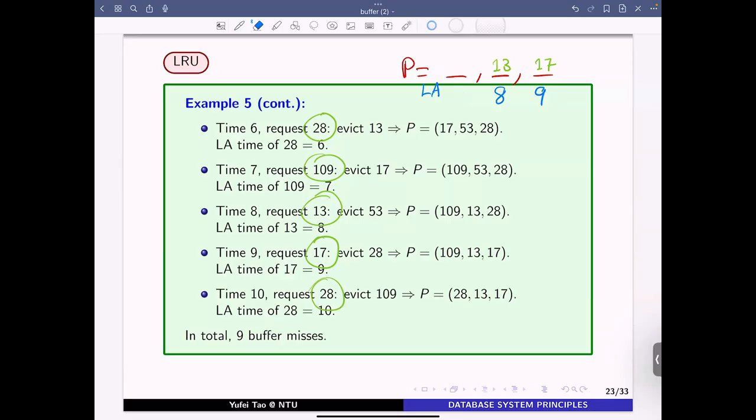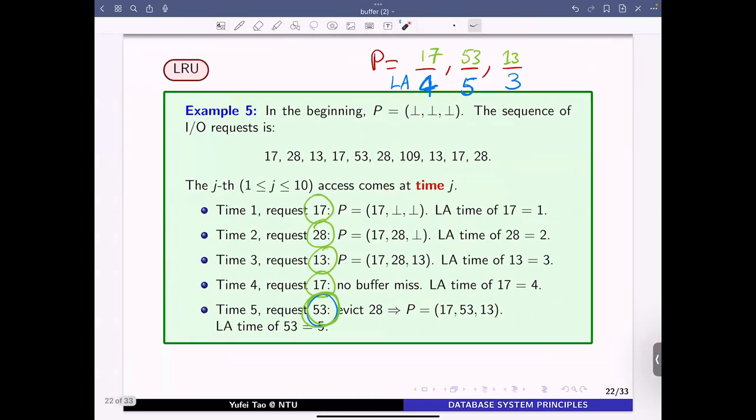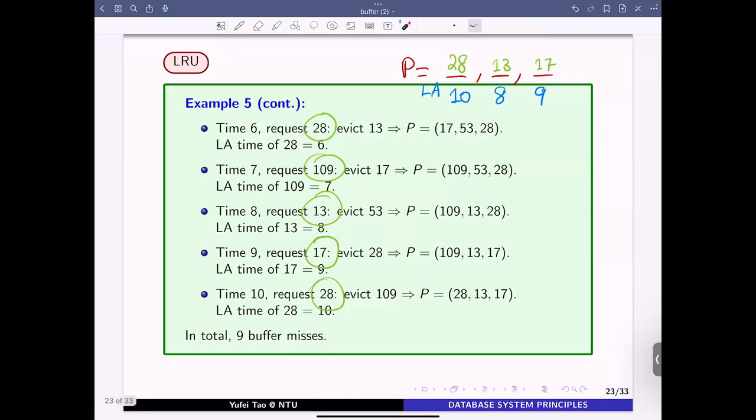Well, that's a bit sad. Anyway, so for 28, the LA is 10. How many misses have we got? Just one hit, here. We missed all the other requests. So all in all, we have 9 misses.